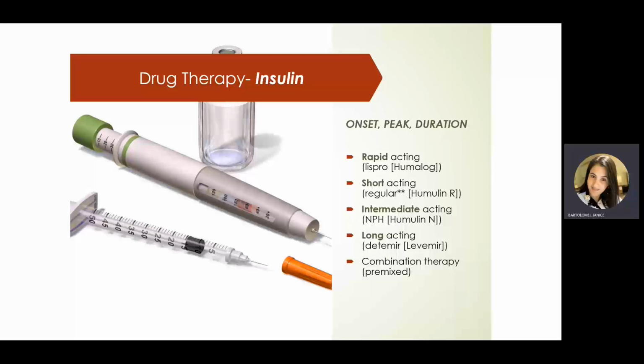And then when you talk about duration, we talk about how long this insulin is going to last and be working in the body. So it's key to differentiate or define those, so that when you are memorizing onset, peak, and duration, you know what they mean.